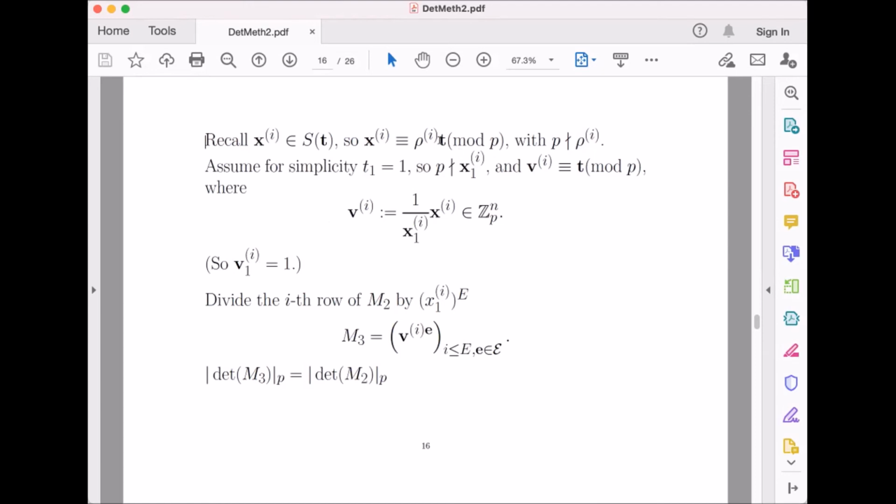For simplicity, again, we'll assume that this vector t has first coordinate 1. That means we're allowed to assume that p does not divide the first entry of xi. So we'll normalize xi by dividing by its first entry. This is the vector xi, here is its first coordinate, and that will produce a vi that is congruent to t.